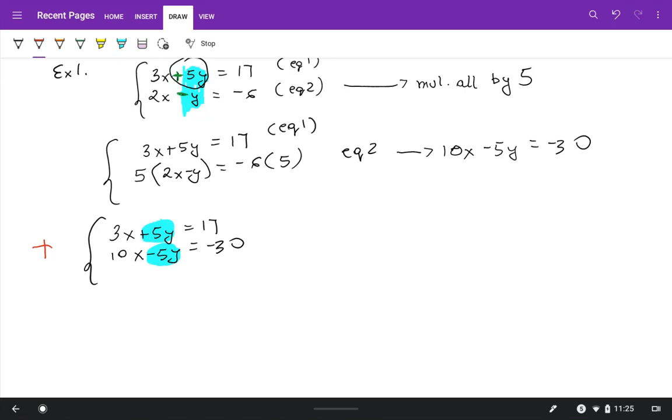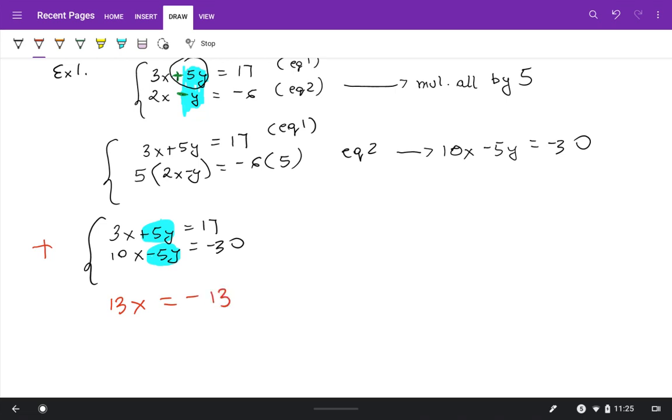Look what happened. We have 3x plus 10x, which will be 13x. 5y plus negative 5y is just 0. So equal 17 minus 30, which is negative 13.